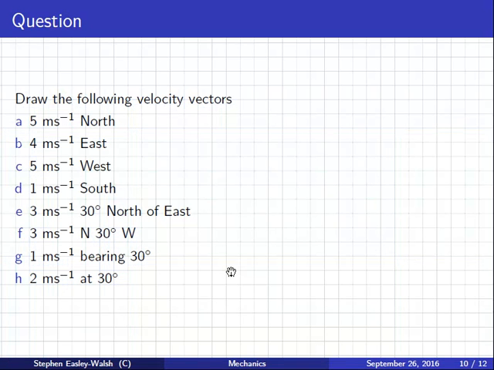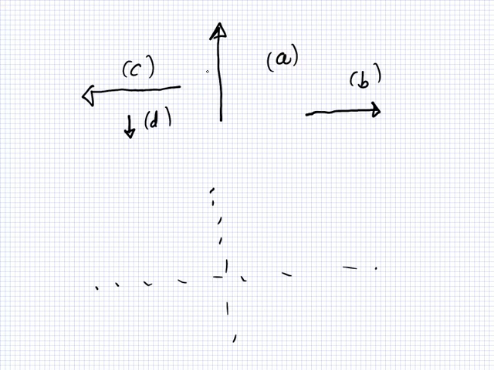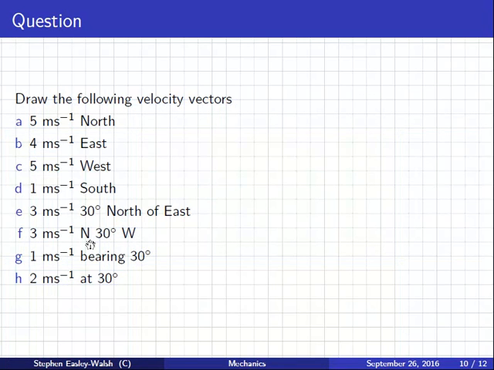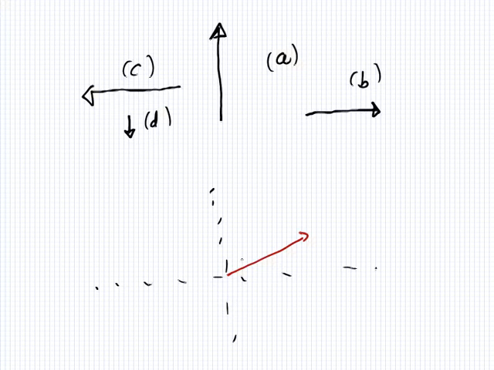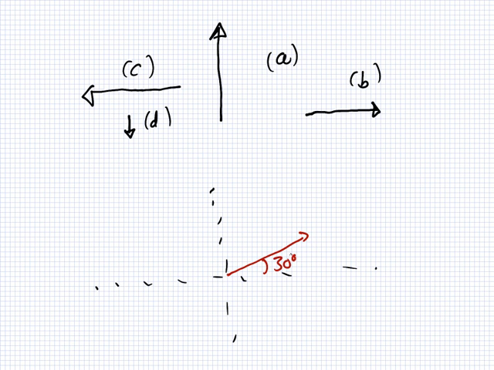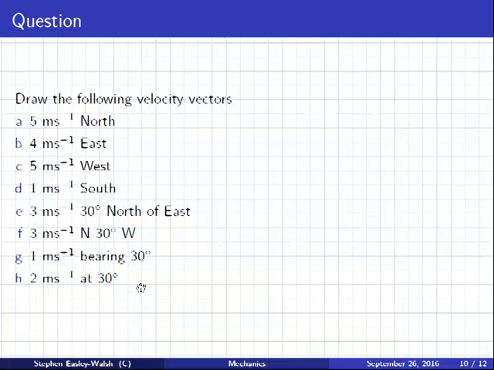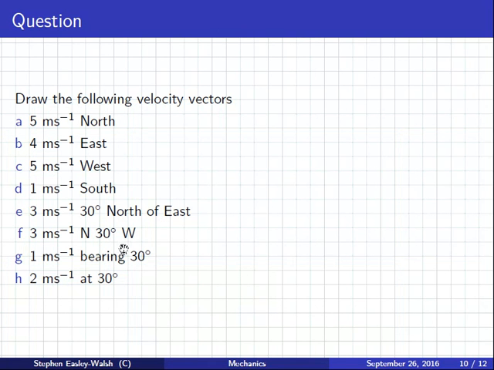And how big is it? 3. So it's about this one here. 30 degrees north of east means the 30 is here. This is the east and this is the north. So you might want to write that one down. That might be new.